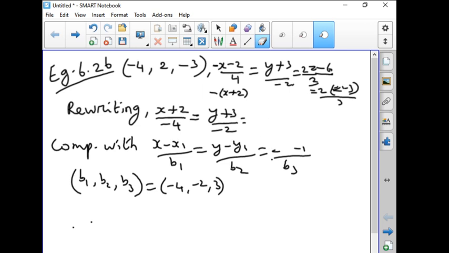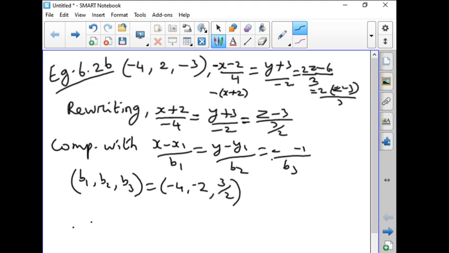So I left it here: it is equal to (z - 3)/(3/2). Therefore, b2 is -2 and b3 is 3/2.